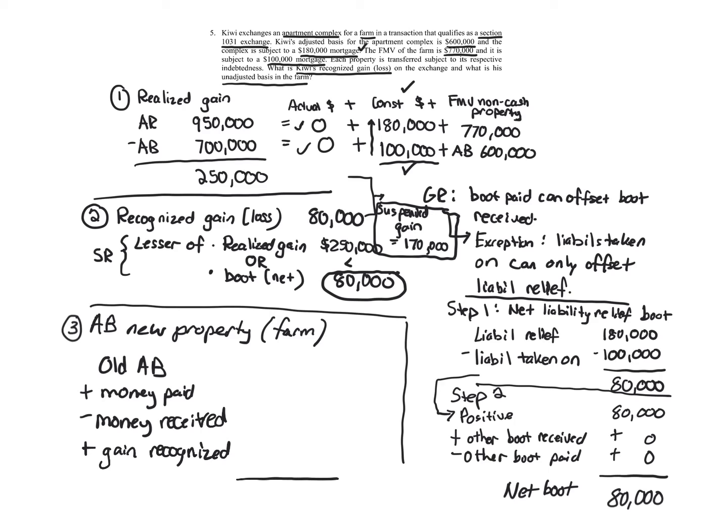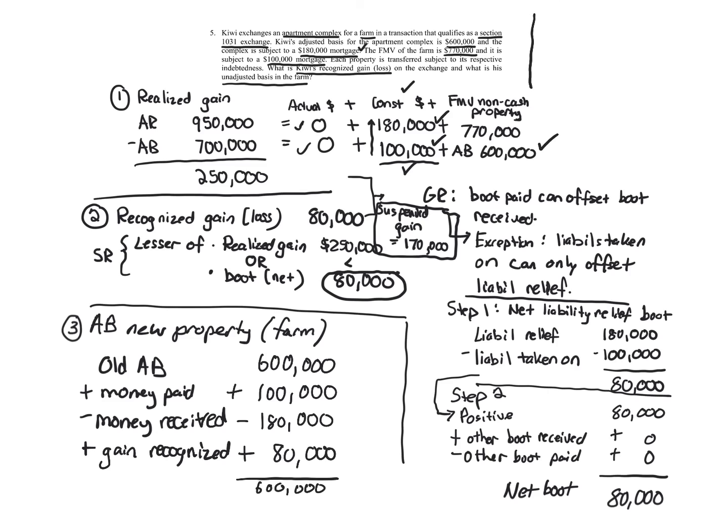So the old adjusted basis were given to us, the problem in the apartment complex, the old property, $600,000 plus money paid. There's no actual money, but there's constructive money of $100,000. Any money received? Yes. There's constructive money of $180,000. And then gain recognized is $80,000. That brings our basis to $600,000. Okay, so we've done step three.